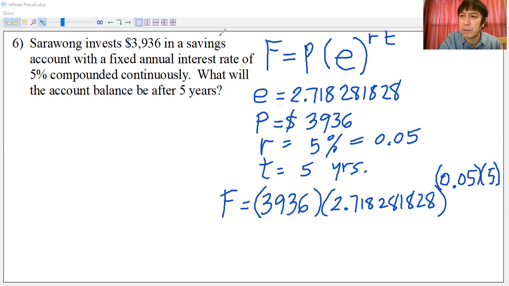You have to use your calculator here because it's exponential. So let's have the calculated value.